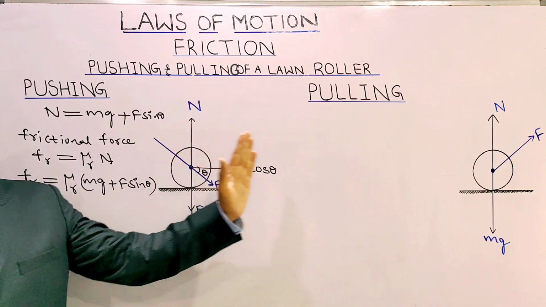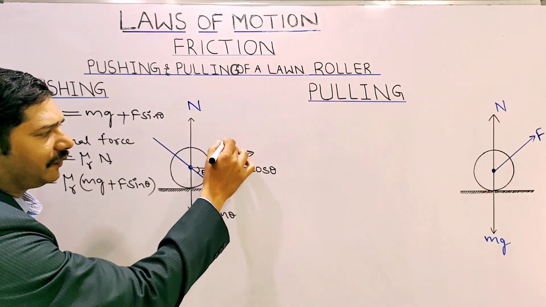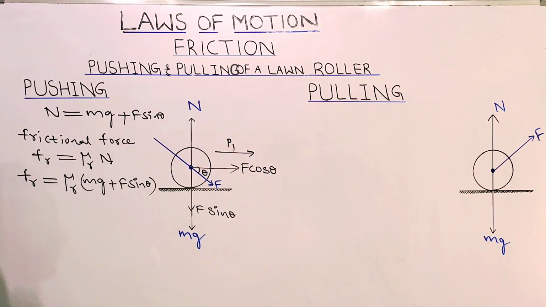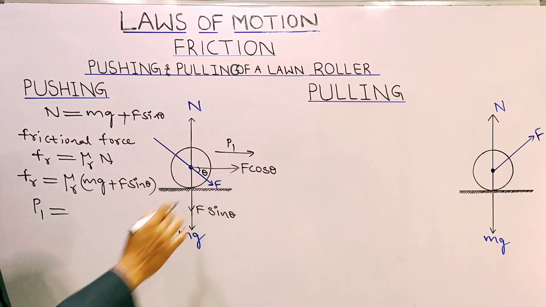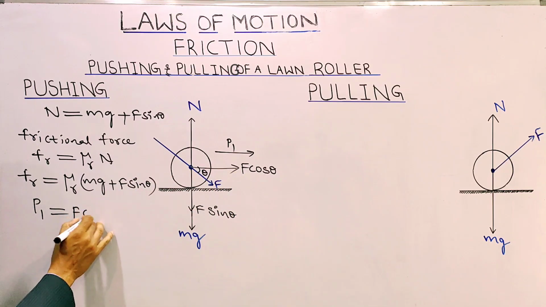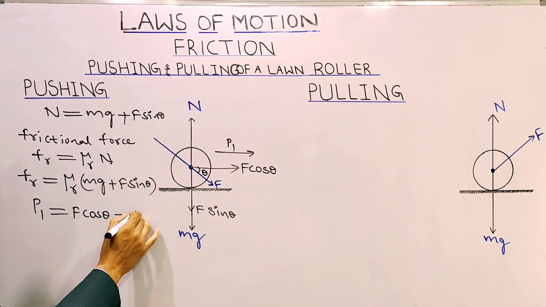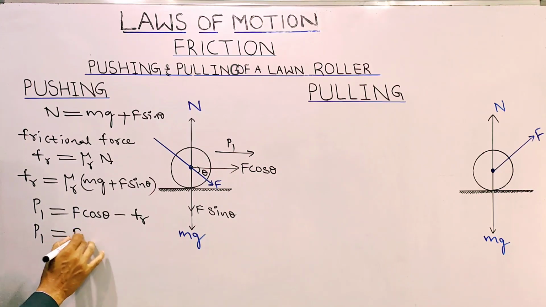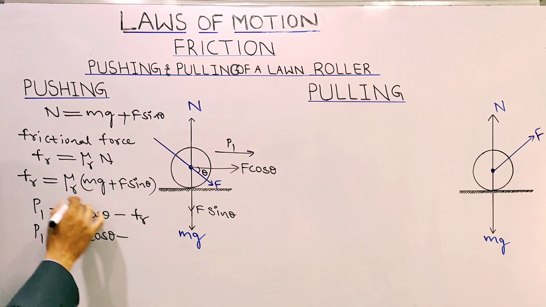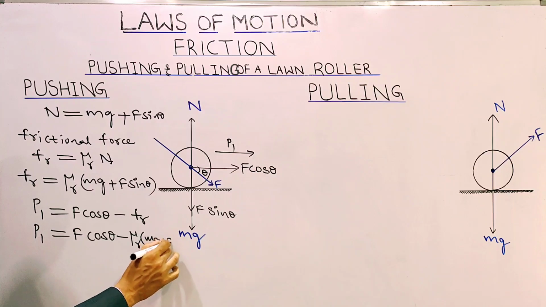The resultant force, the pushing force, I call P1. P1 equals the horizontal force F cos theta, against this frictional force Fr. So substituting, P1 equals F cos theta minus mu r into (mg plus F sin theta).